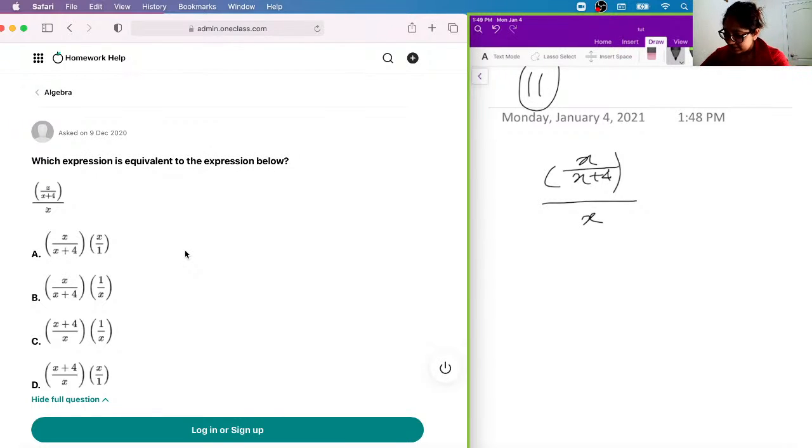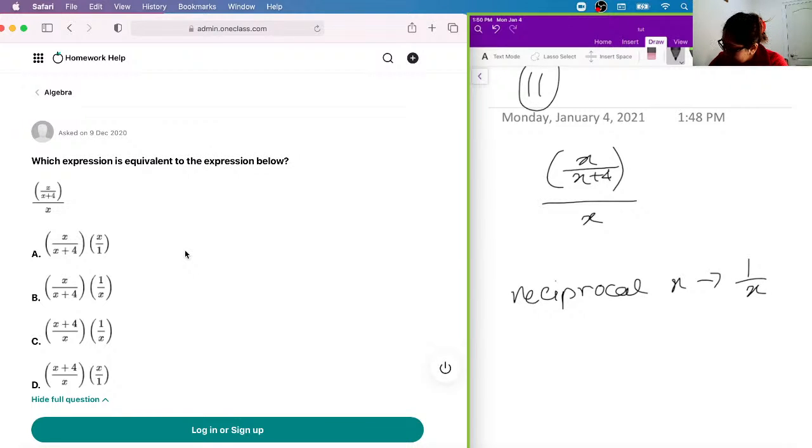Okay, so we basically have to simplify this and see which of the choices given is equal to that. To simplify this expression, we have to get the reciprocal of the divisor, so the denominator, and multiply it to the numerator, or the dividend. We know that the reciprocal of x is 1 over x, right?